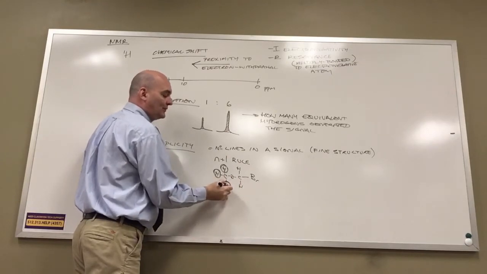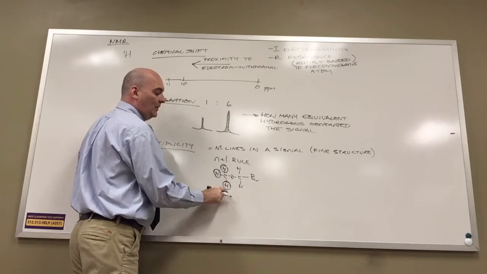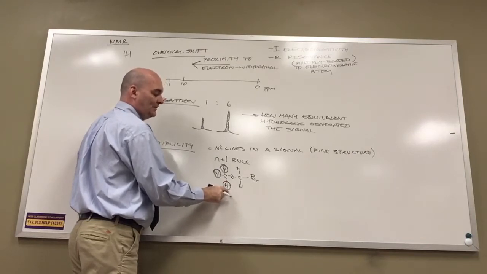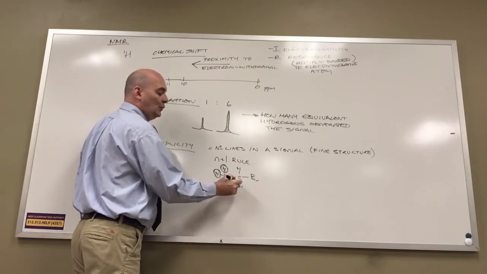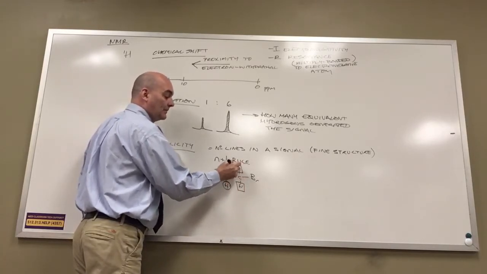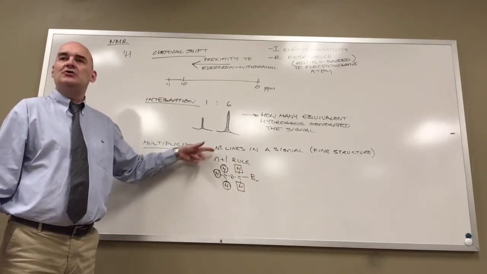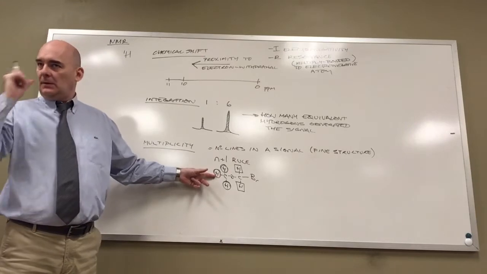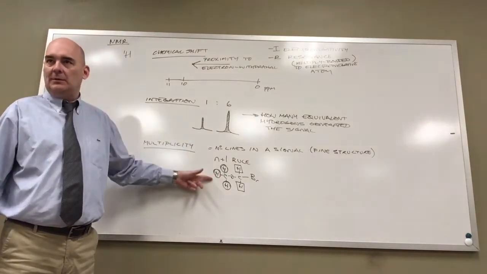When I want to know about the neighborhood that this hydrogen is in, I find that it has 2 hydrogen neighbors. The circled hydrogens are not neighbors to this hydrogen because they're the same, they're equivalent.